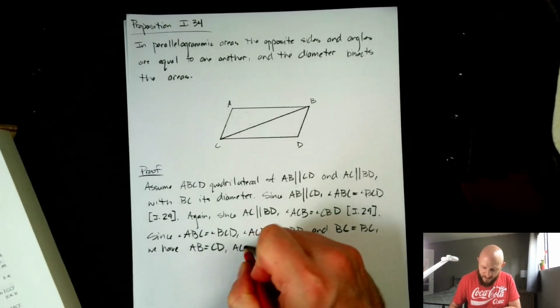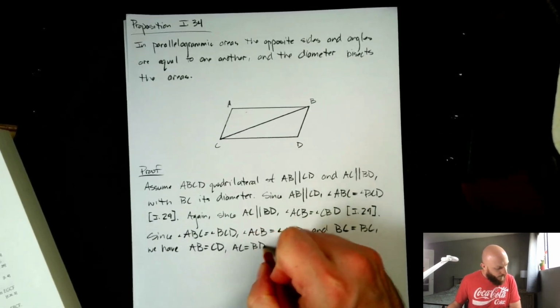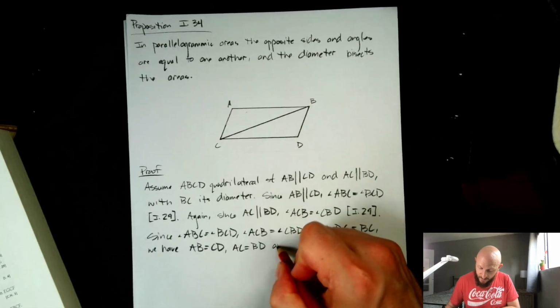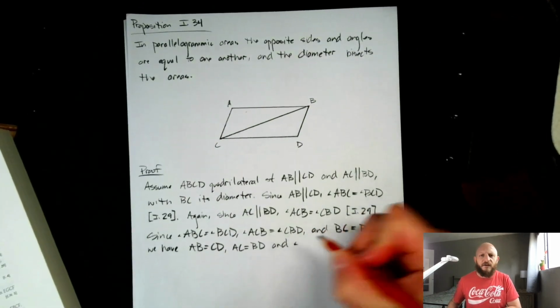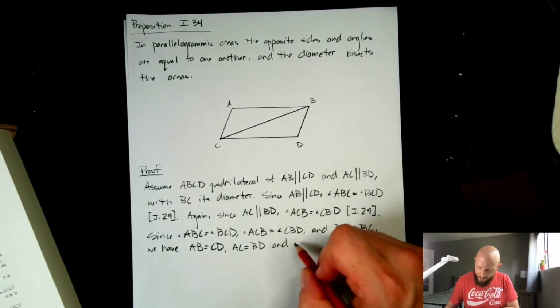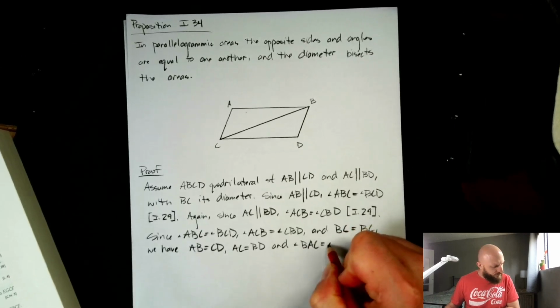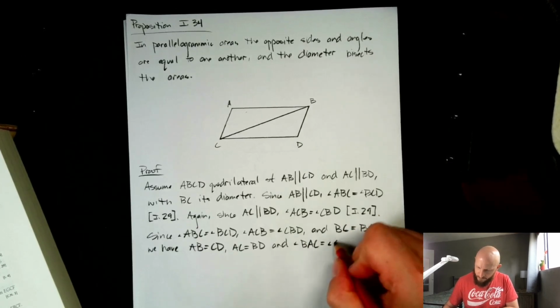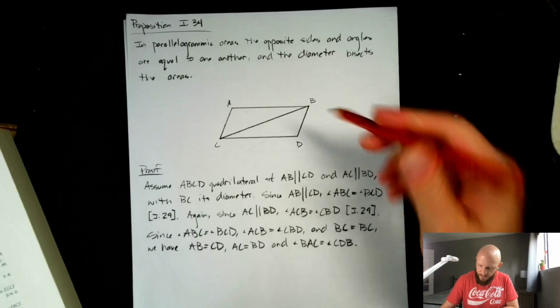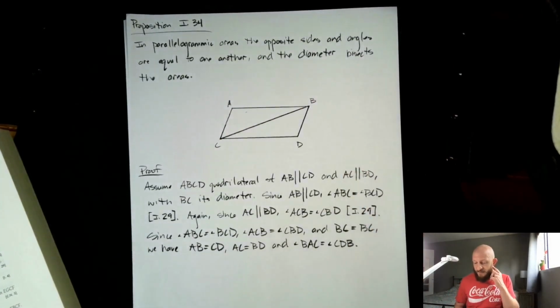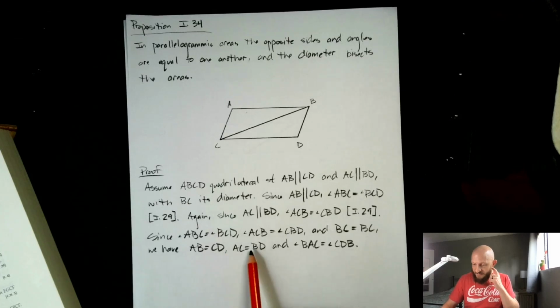AC equals BD. And this ends up being a key piece here. We know that angle BAC equals angle CDB. So that gives us quite a lot of what we needed, because this is saying that opposite sides are equal, and at least angle A is equal to angle D.